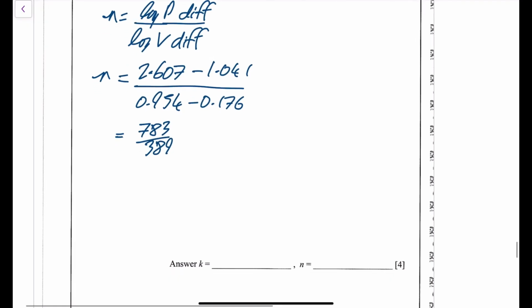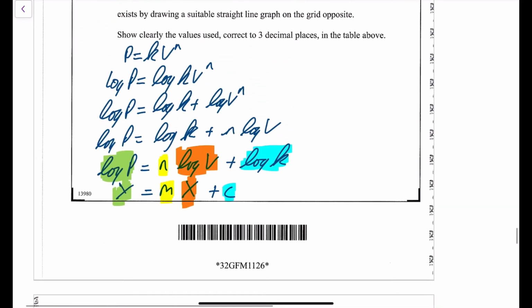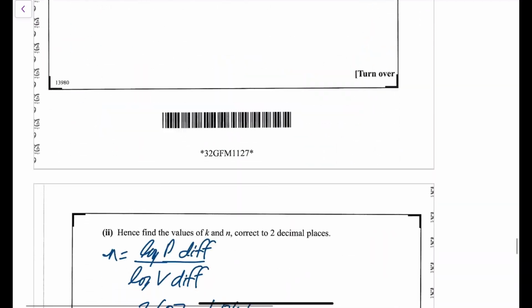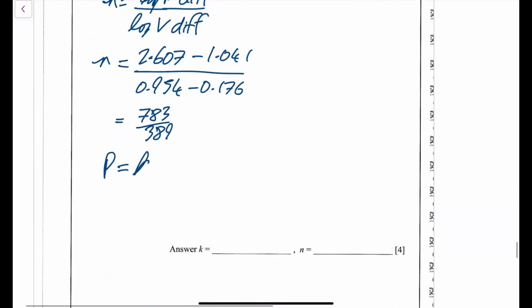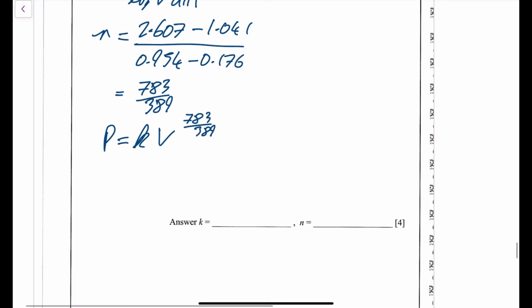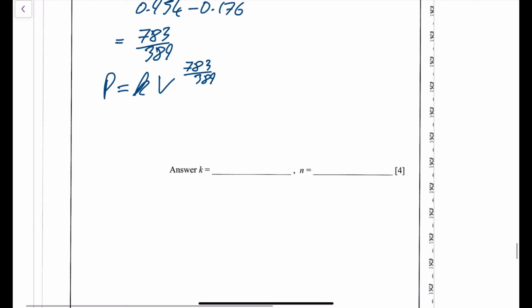Okay, right, we can then put this into the original equation. So my original equation was P is equal to K times V to the power of my n, so that's 783 over 389. And I'm just going to use one of my original pairs of values. So originally it told me when P is equal to 125, V is equal to 5.